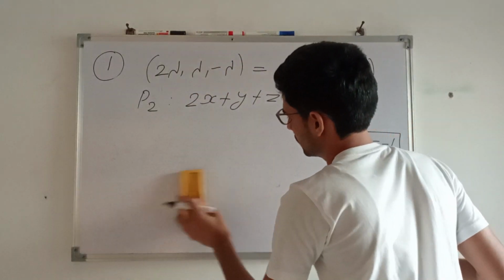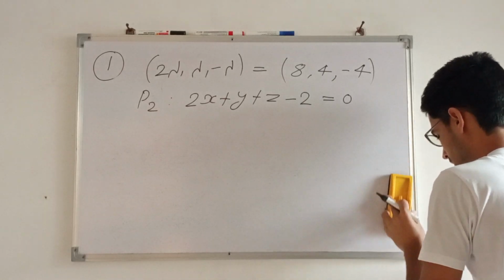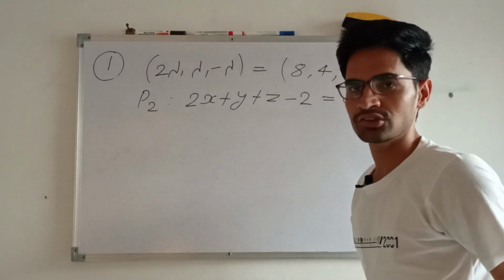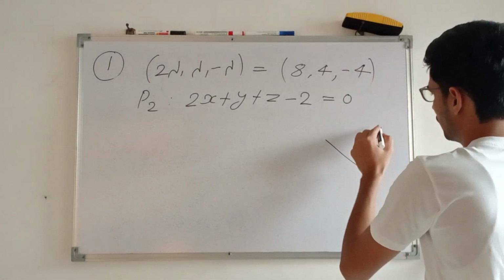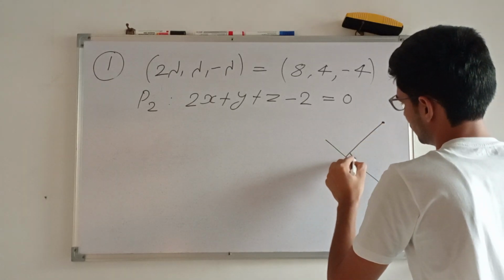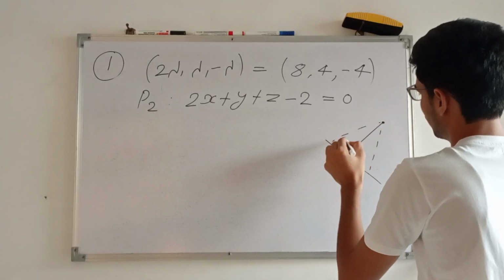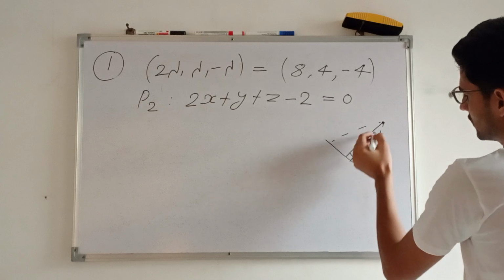Then if it is said that you need to find distance, it means the shortest distance between this point and this plane. And what is the shortest distance? The perpendicular from any point gives the shortest distance. If you consider any other point, that will always be larger than this distance.